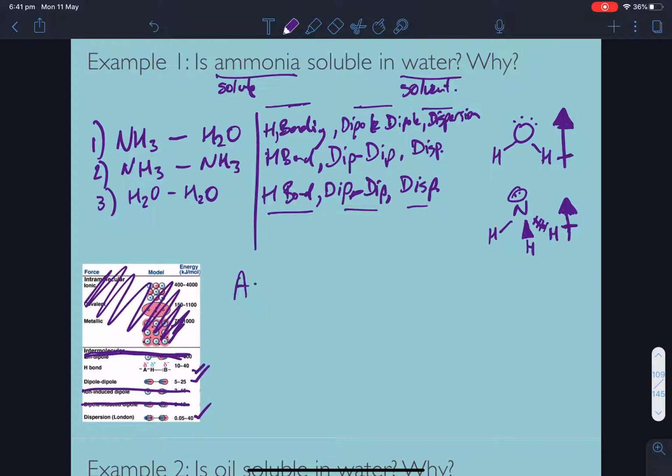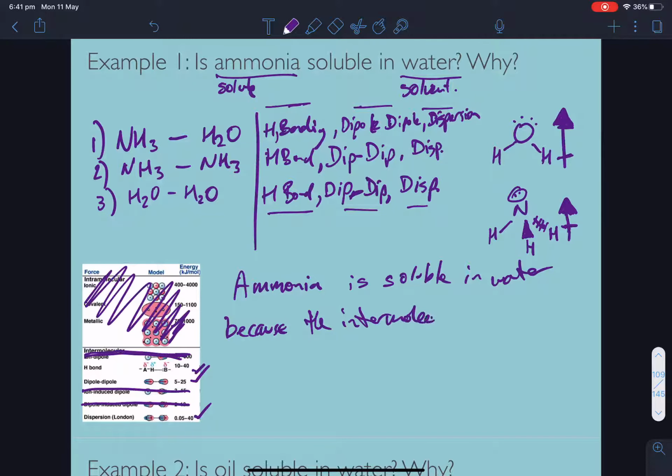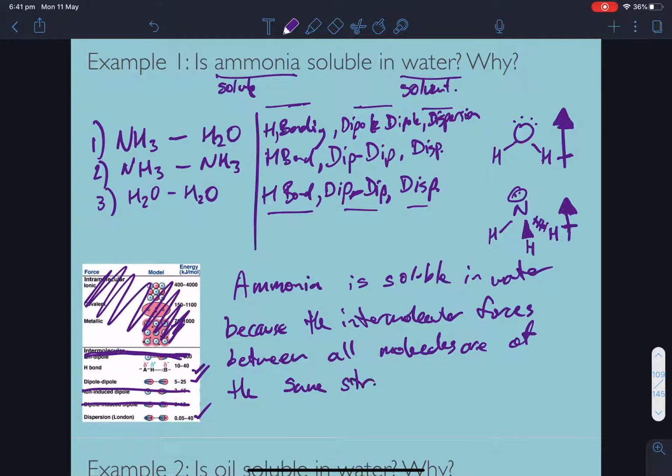ammonia is soluble in water because the intermolecular forces between all molecules are of the same strength.